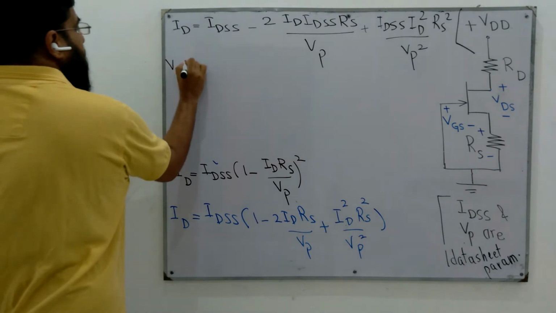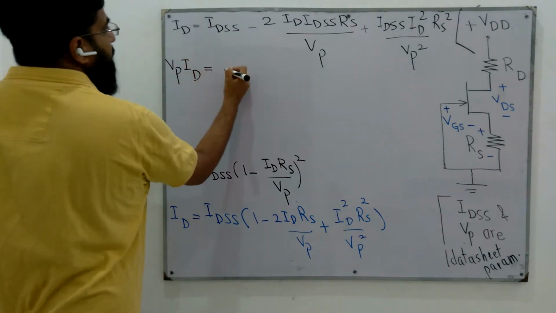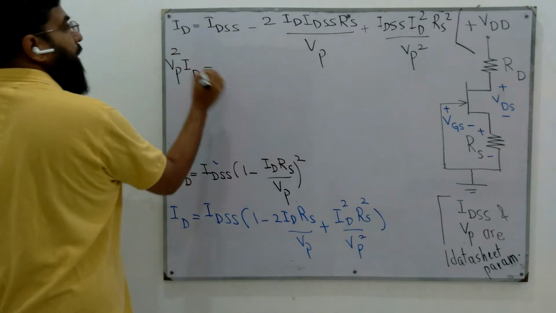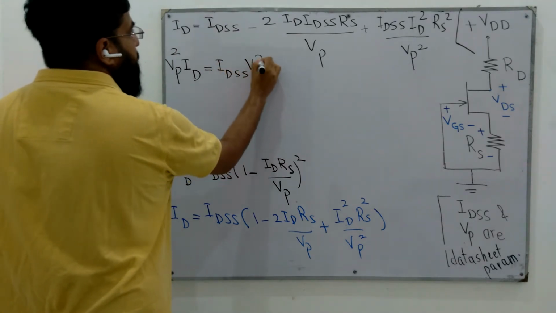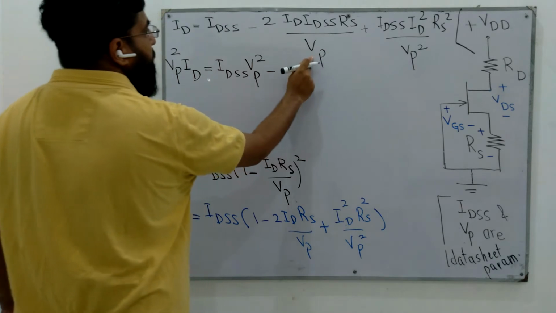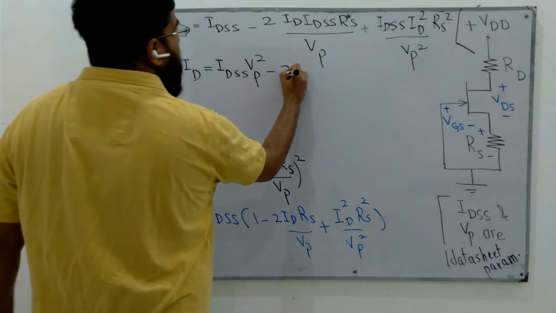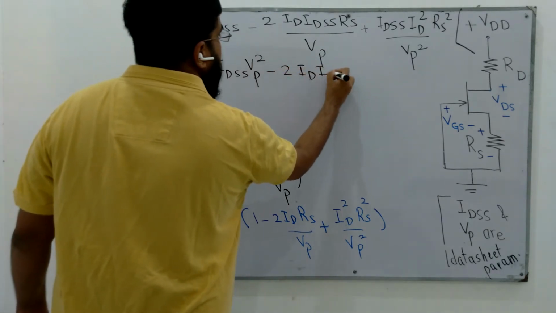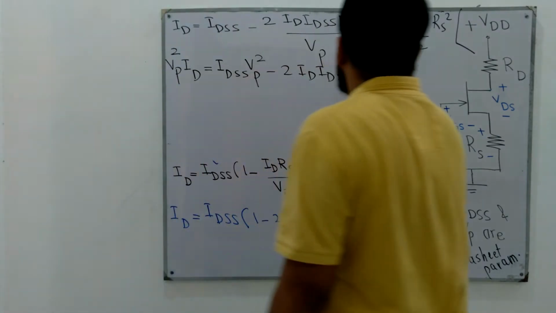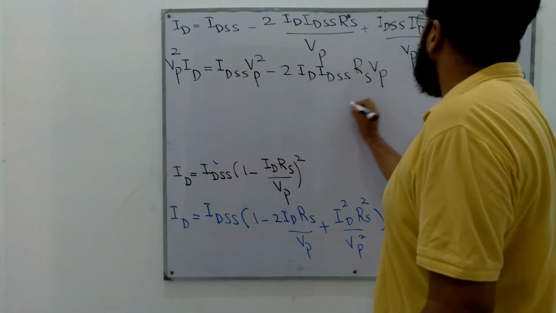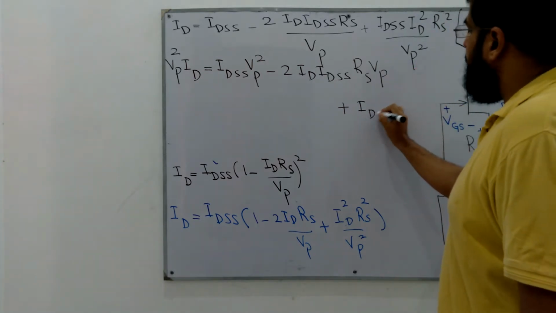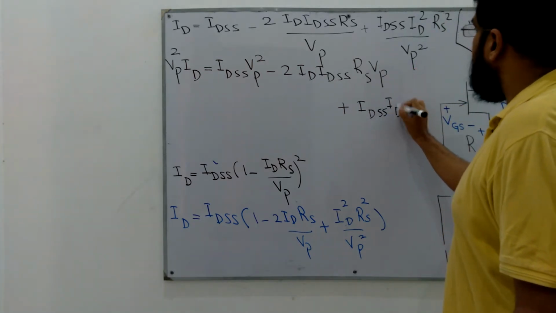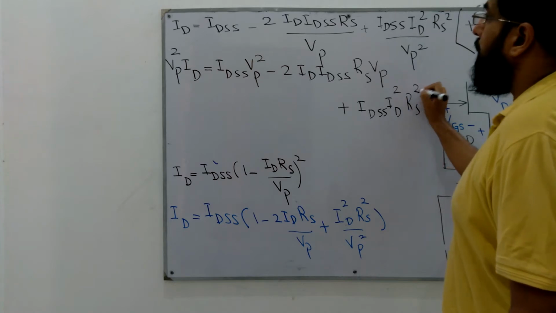So VP squared ID is VP squared IDSS minus, when we multiply, VP squared cancels one VP, 2 ID IDSS RS VP plus, here this VP squared vanishes, IDSS ID squared RS squared.